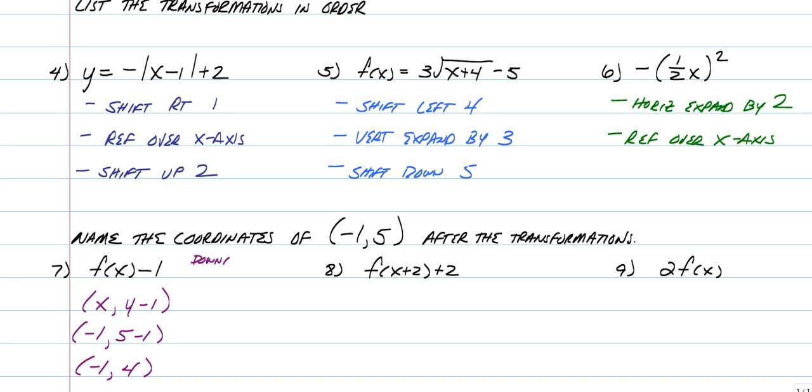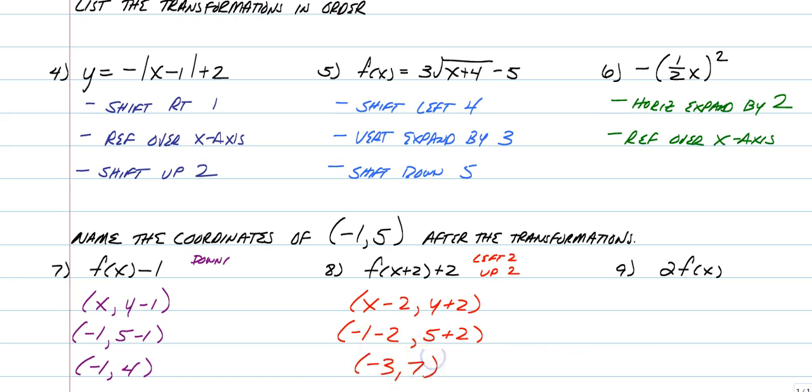You try number 8 and 9. Give it a shot. This one we have left 2 and up 2. That would mean we are going to do x minus 2 comma y plus 2. Again, remember, inside is opposite of what you would think. So that's going to give us -1 minus 2 comma 5 plus 2, which is -3 comma 7.